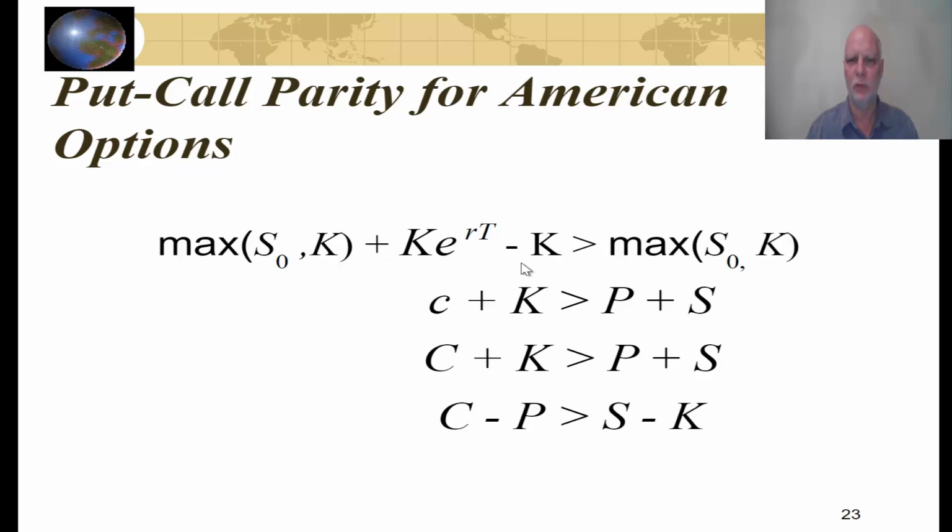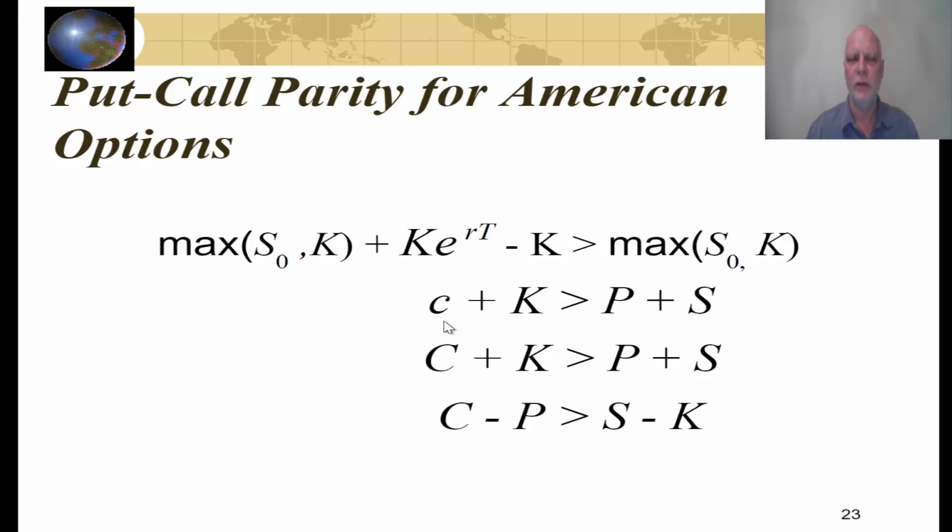This minus this will always be positive. These two are the same. So if on the day of expiration, this portfolio is going to be worth more than this portfolio, then they always have to be this portfolio more than this portfolio.